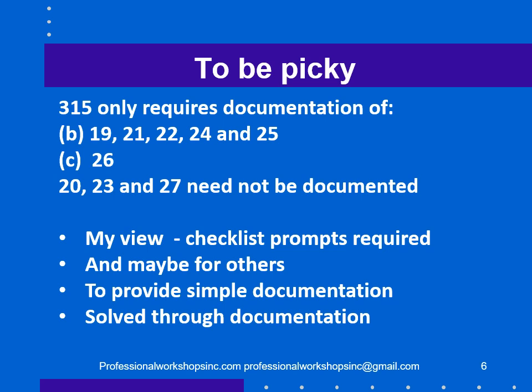But I kind of like the idea to have a checklist prompt to prompt me to think about the things in those 3 paragraphs, even though I don't have to. I certainly want prompts for the first set where we have to document it, but I kind of would like the last 3 as well. Now, we can provide simple documentation, and we can solve this particular problem that they're mentioning through documentation.